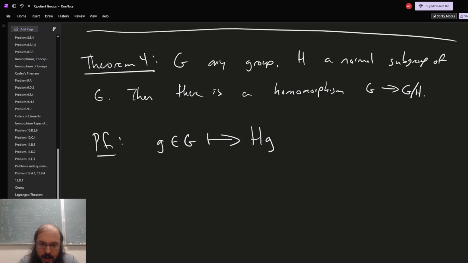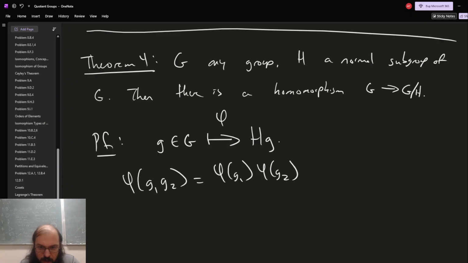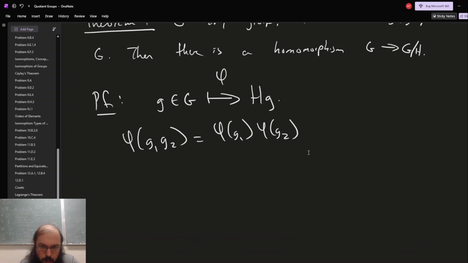And so now what I have to do is prove that this is a homomorphism. Let's call this map phi. I need to prove that phi(g1 g2) equals phi(g1) phi(g2). Over on the left, this is H g1 g2.